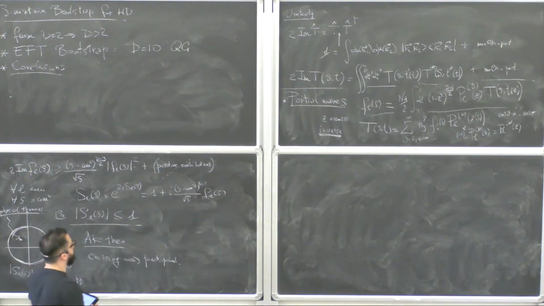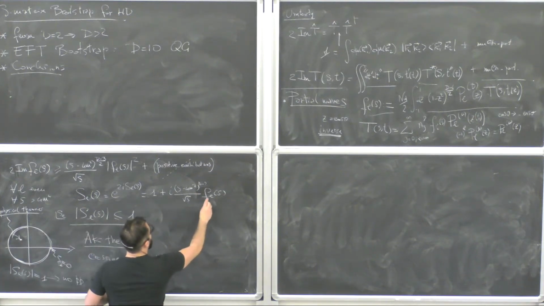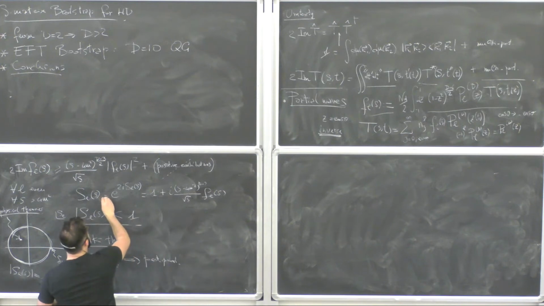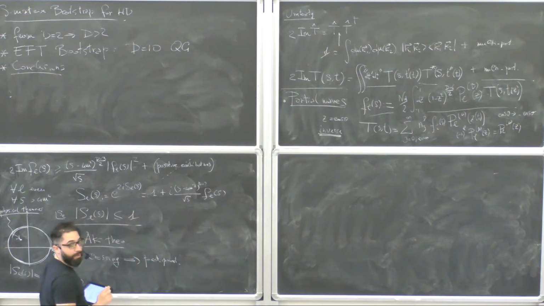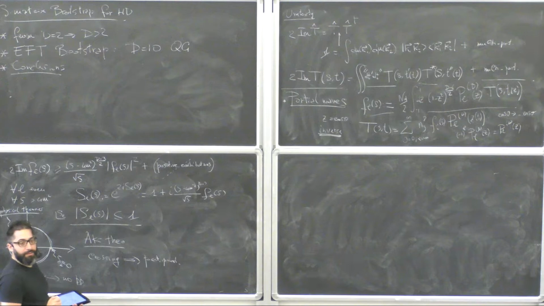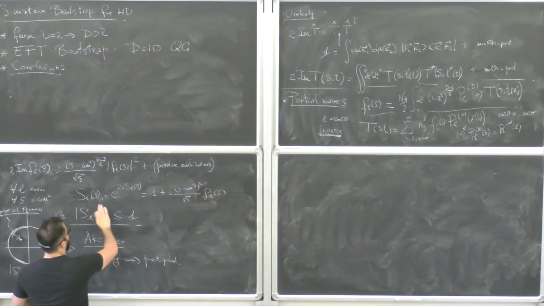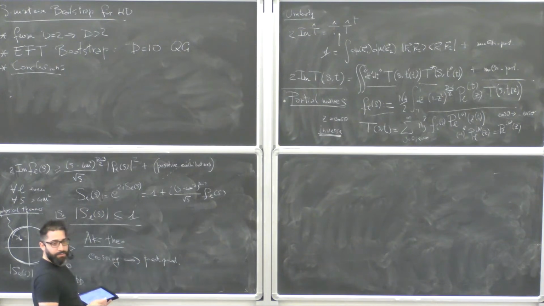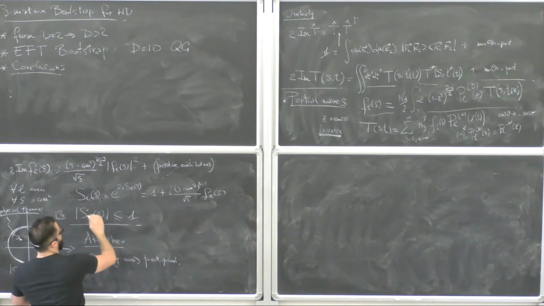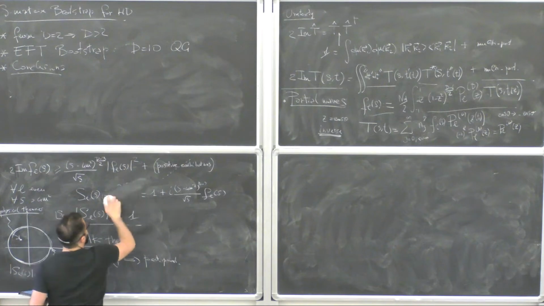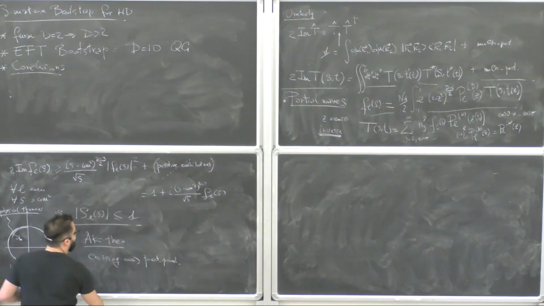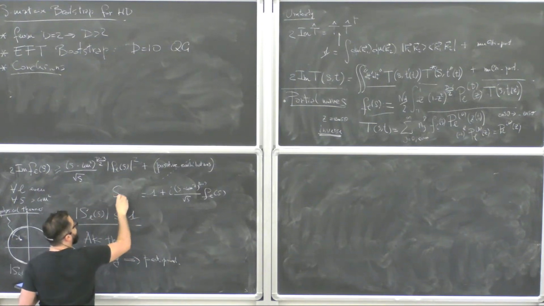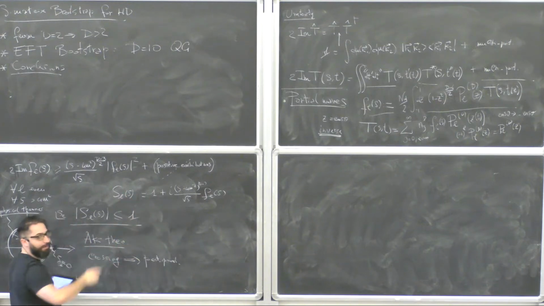What is delta? So I define SL of S as 1 plus i FL.